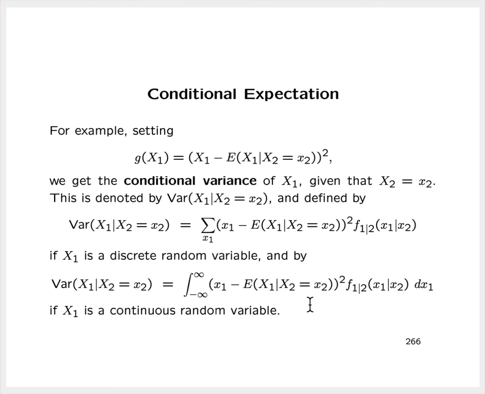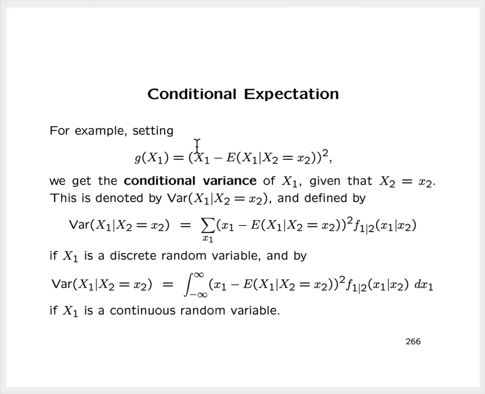Now let's look at some particular examples of expectations above and beyond the expected value of the random variable that we looked at 2 slides ago. For example, if we let this function g of x1 be this expression, x1 minus the conditional mean of x1 given x2, squared. This here is the expected value of x1 given x2, the mean of the conditional distribution of x1 given x2.